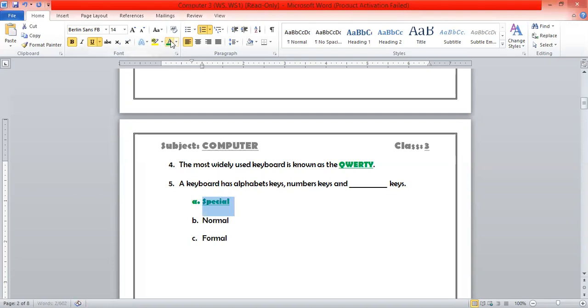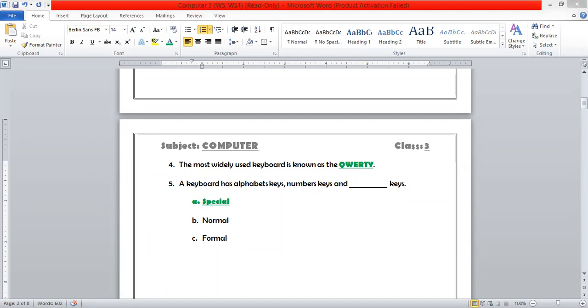S, P, E, C, I, A, L. Good. That's great, Hamza Walid. Special keys. On the keyboard, alphabet keys, number keys, and special keys are there. There are 3 types of keys available.